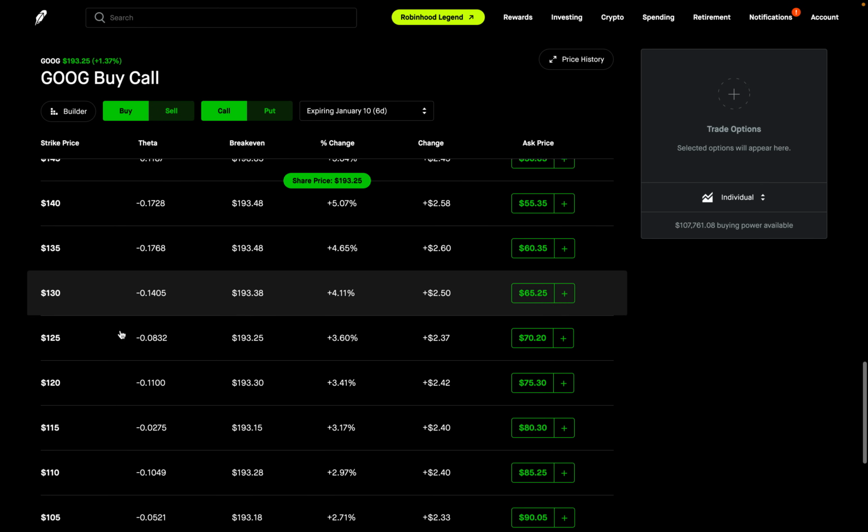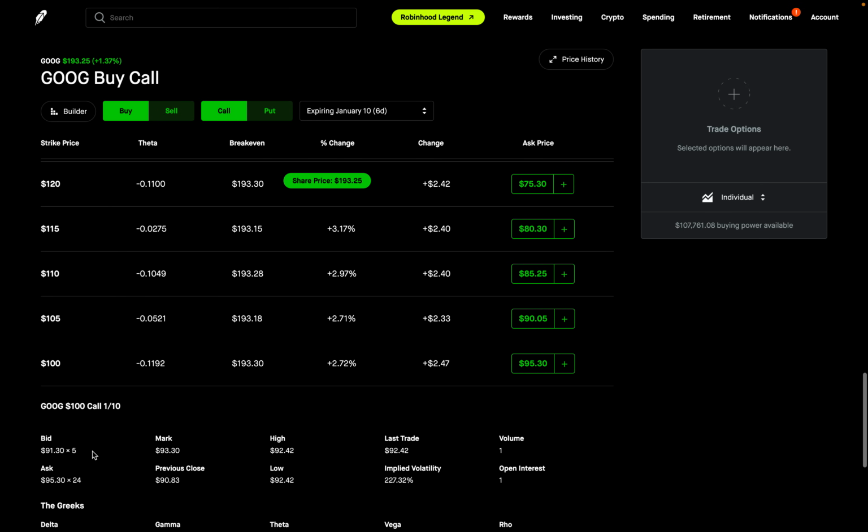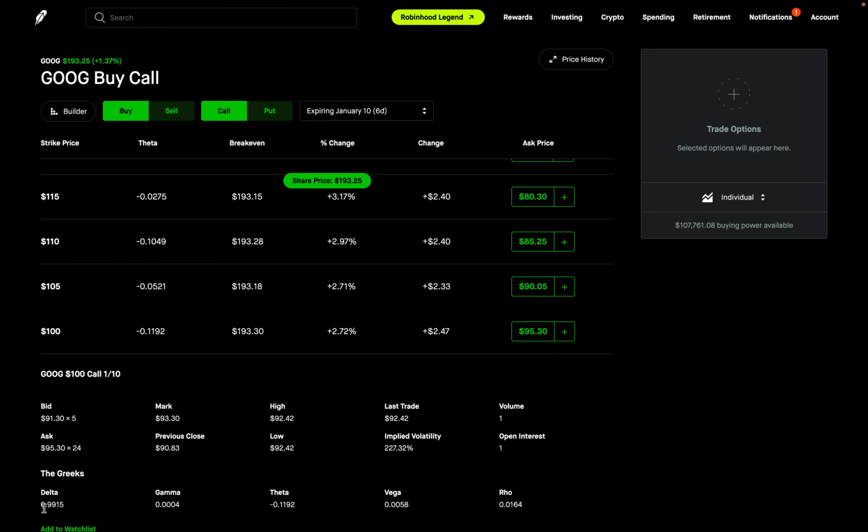And again, the deeper in the money I go here, you'll notice that it gets even closer to a delta of 1. So for example, this one, if I buy this deep in the money call and Google goes up by $1, the value of this call option would go up by $99.15. Almost the same as if I were to purchase 100 shares of the stock.